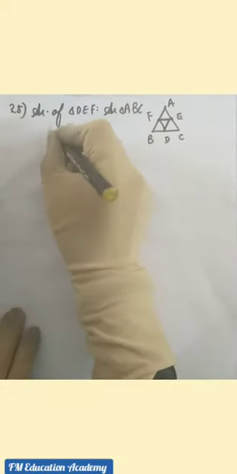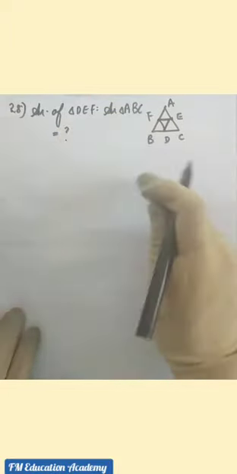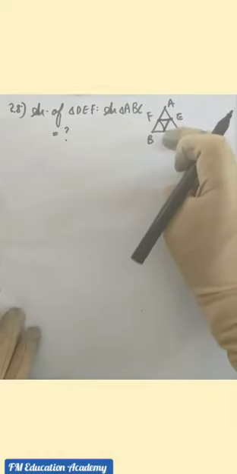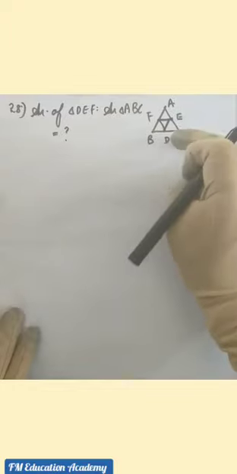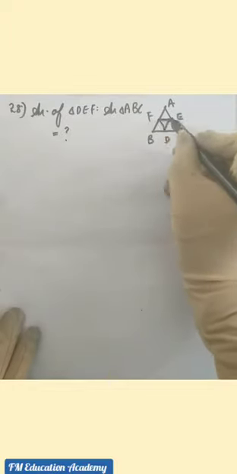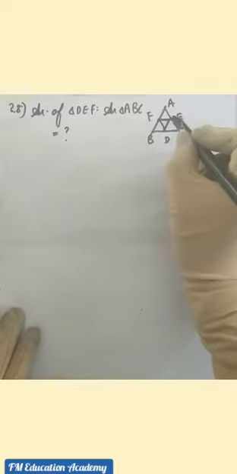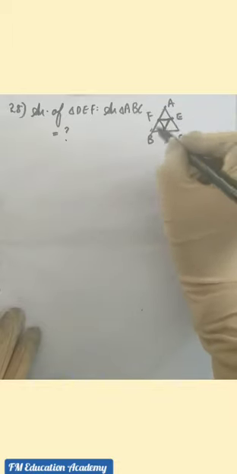Okay, so here we can say that triangle ABC and triangle DEF are similar. Why are they similar? Because we know that EF is a line segment joining the midpoints of AB and AC. As they are the midpoints, this line segment divides these sides into two equal parts.